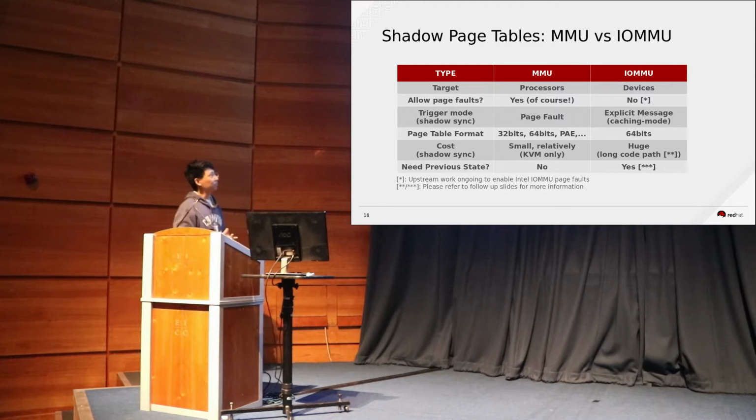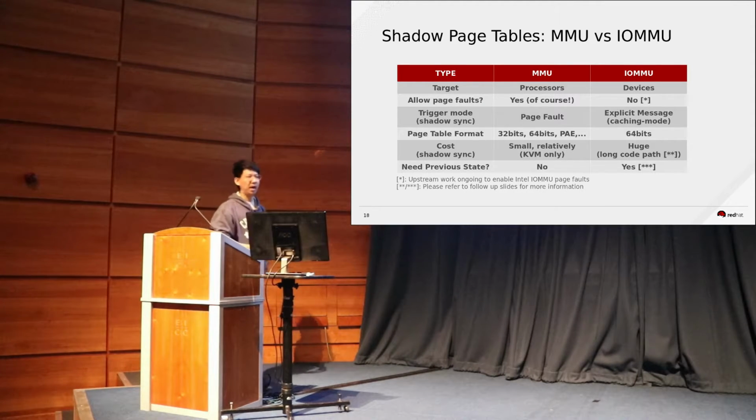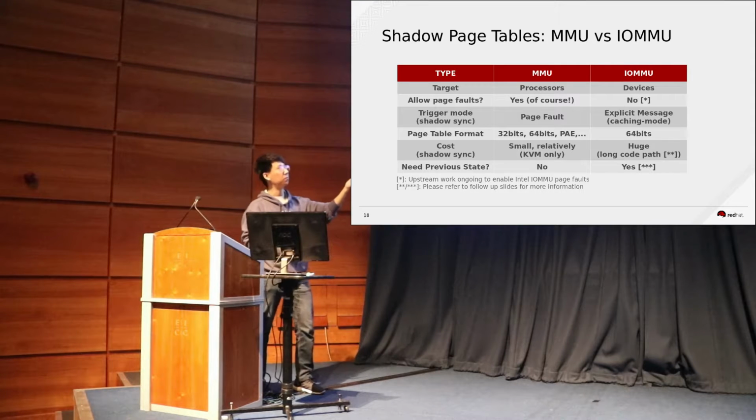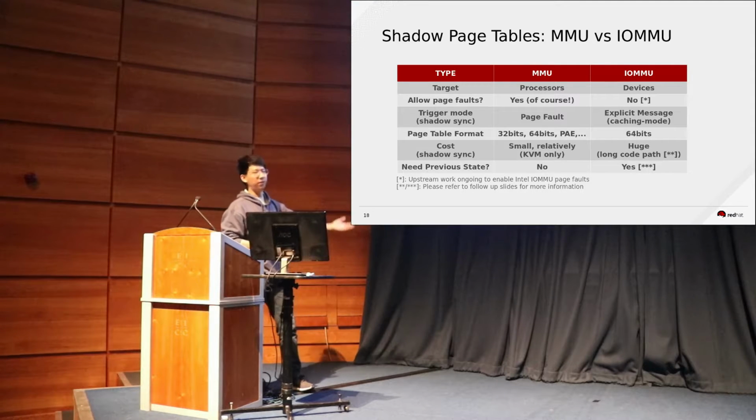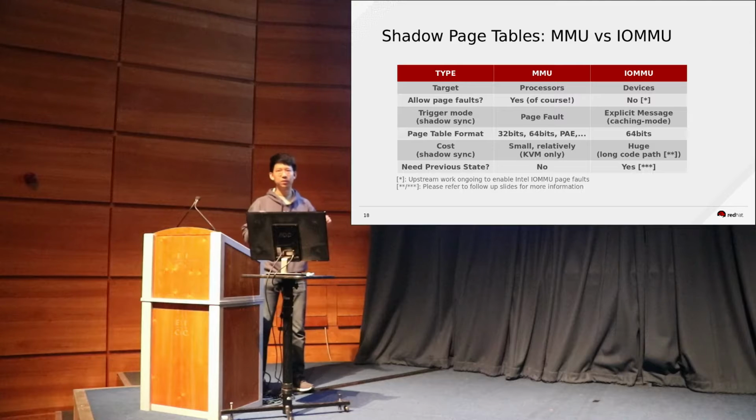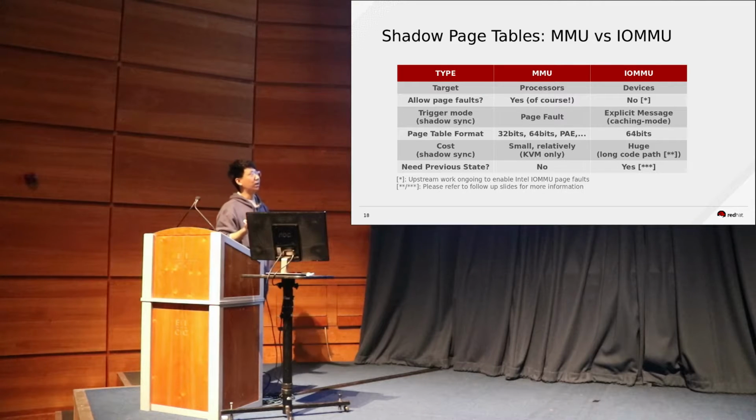And because there are shadow page tables, we need to trigger the synchronization. How do we do that? For the MMU, we have page faults because that's naturally supported. For the IOMMU, we don't have that, and we have the so-called caching mode or any other explicit message that we can have, for example write protection.